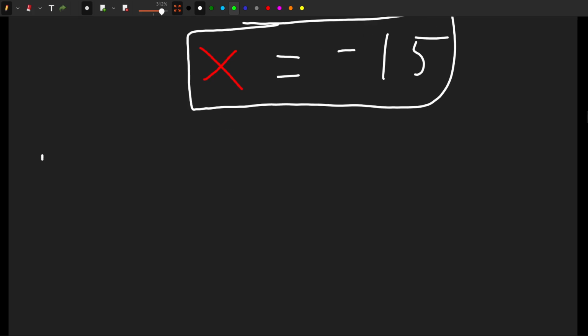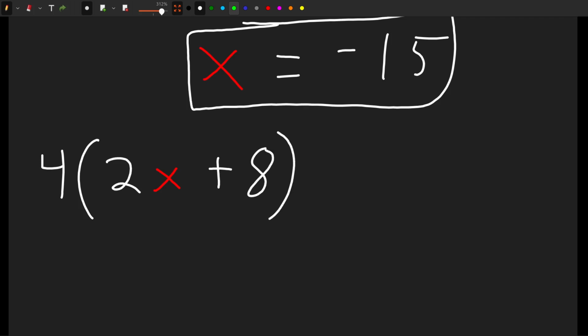So I'm just going to rewrite what I was given at the very beginning. We have 4 times (2x plus 8) is now equal to 5x minus 13.